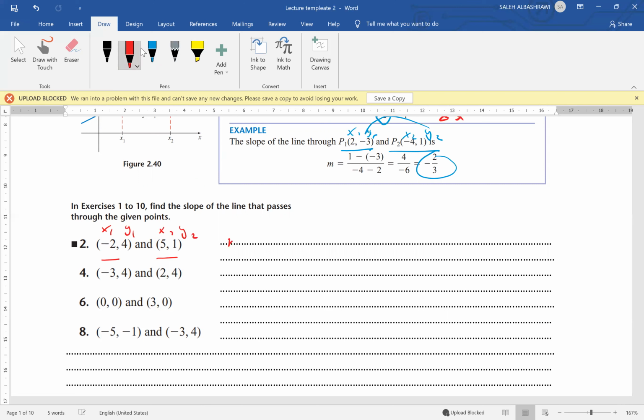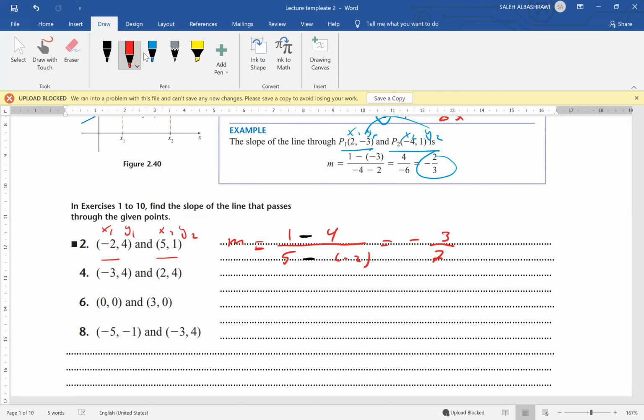The slope is y2, which is 1, minus y1, which is 4, divided by x2 minus x1. x2 is 5 and x1 is minus 2. So I have 1 minus 4 divided by 5 plus 2. This gives me minus 3 divided by 7. So the slope is minus 3 divided by 7.